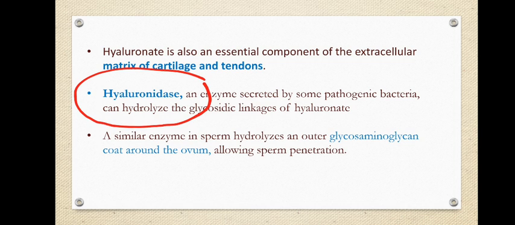So this hyaluronic acid will be broken down by the enzyme hyaluronidase, which helps in separating the cells. It is also secreted by some pathogenic bacteria, so that they can break the tissue and penetrate. Bacteria are able to penetrate through all the primary defense barriers of our body because they are provided with different enzymes. Hyaluronidase is one such enzyme that can penetrate the cells or tissues and then infect us.